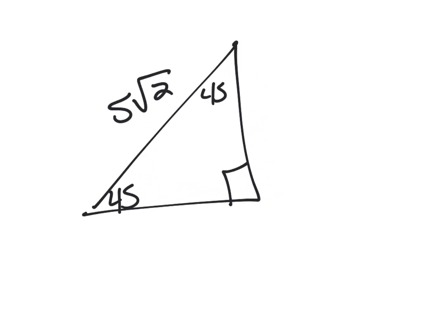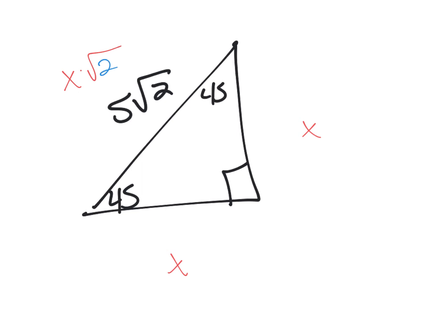Let's do another one. Now the hypotenuse is 5 square root 2. So I'm going to label them x times square root 2. We're trying to figure out what the legs are. Well, how do we get from hypotenuse to the leg? We're going to have to divide by the square root of 2 to get it to just be x. So I'll do it off to the side.